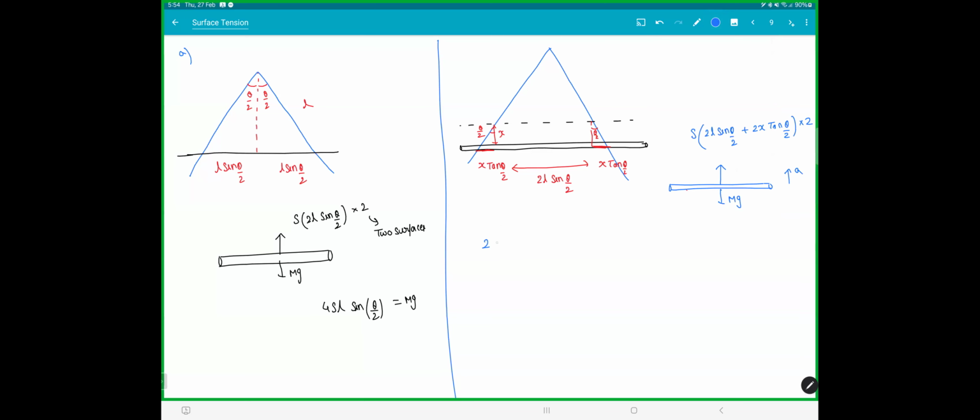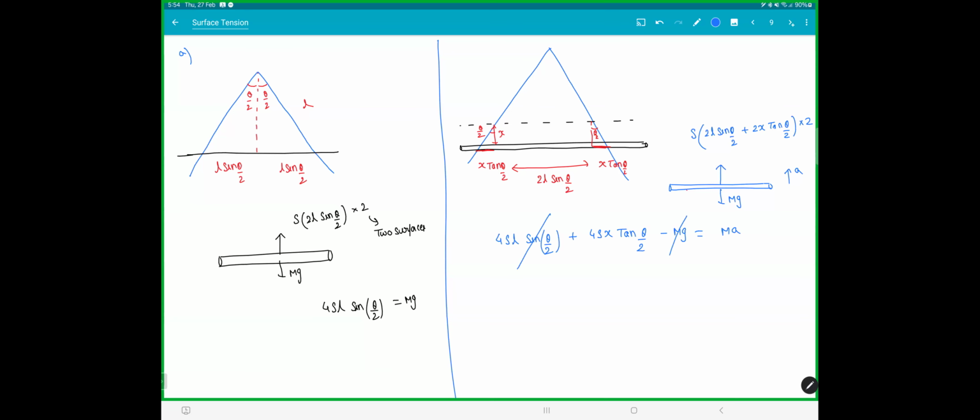So we get 4SL sine theta by 2 plus 4SX tan theta by 2 minus mg is equal to mass into acceleration.